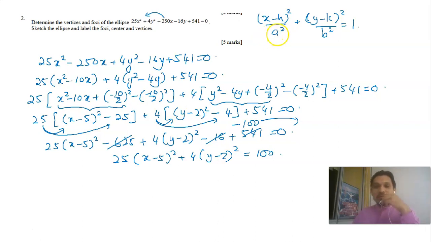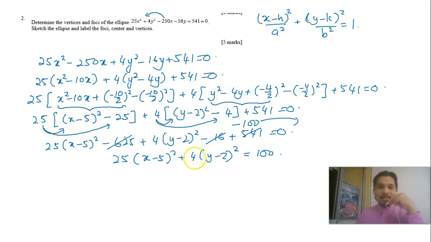If the highest value of the denominator is under y, then a will take place here and b is under x. But to me, a is always greater than b. So then a can be under x or under y.